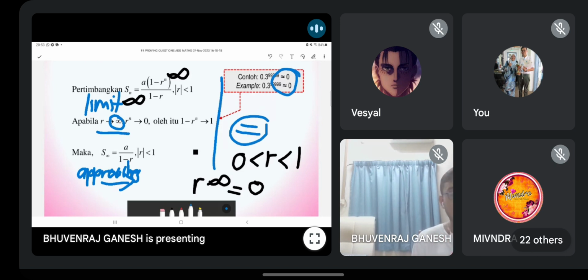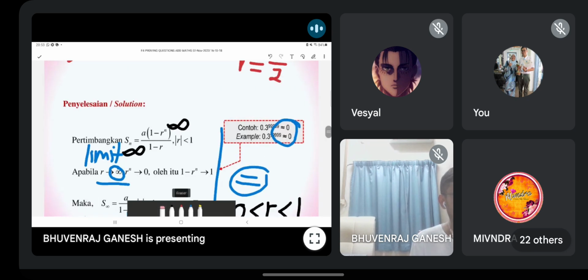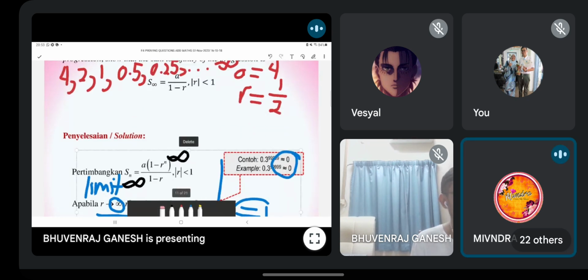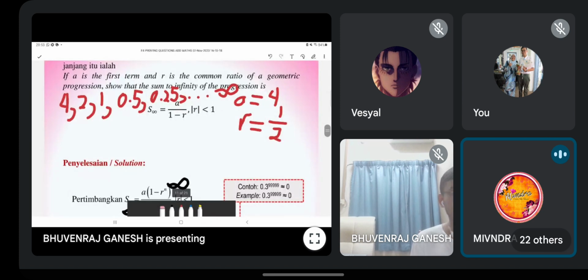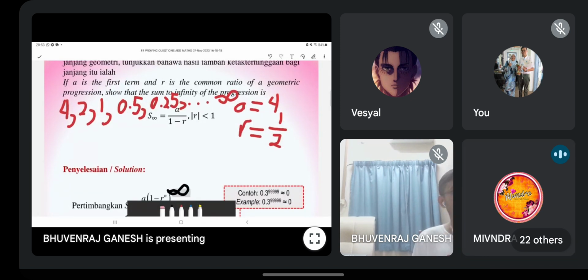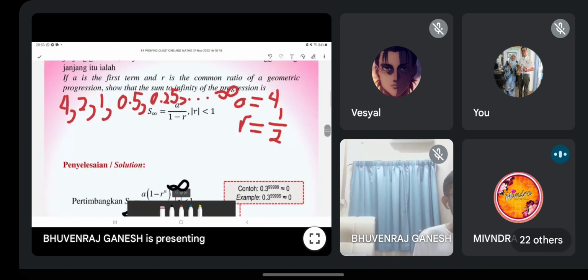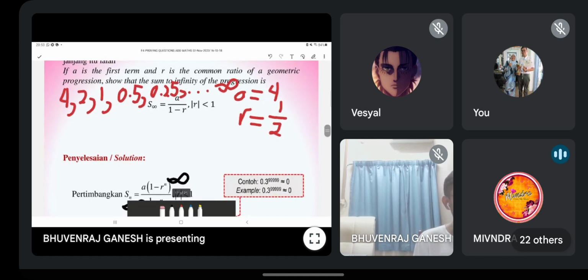Okay guys. So how about Mirindra? Ya, so untuk soalan ni, kalau kita nak tentukan 1 minus r ataupun r minus 1, kita buat eksperimen. Macam mana? Ambil kalkulator, lepas tu tekan 0.5 kuasa 999. Lepas tu dapat 0.